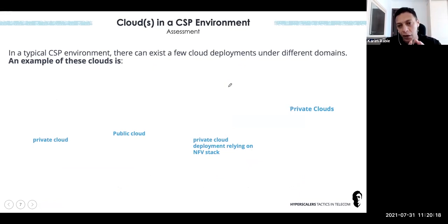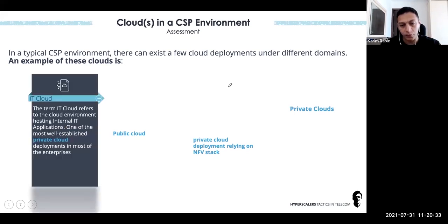And this slide is very important because we will use this logic and move to the entry points of the hyperscalers, to know exactly what the hyperscalers are targeting out of these clouds. So let's start with the first, I'd say, well-known type of cloud in the CSP environment, which is the IT cloud. That's the term always used in CSP environments.